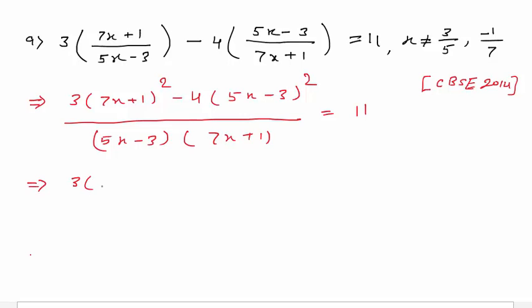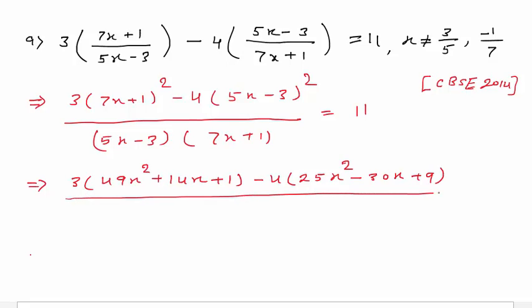So I have 3 times (7x plus 1) the whole square, which is 49x square plus 14 times x plus 1, minus 4 times 25x square minus 30x plus 9, whole divided by, I open this bracket, so it is 35x square plus 5x minus 21x minus 3, and equal to the right hand side, 11.